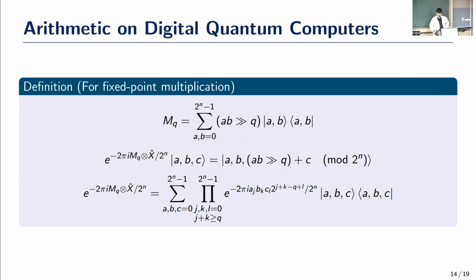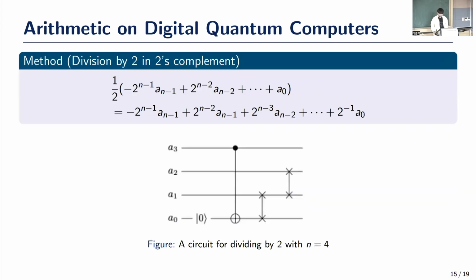And similarly to previous operators, the operator MQ can do multiplication with fixed point values. And dividing by 2 to the q can be done by dropping to the zero state and swapping. For example, this circuit implements dividing by 2 in 2's complement. A0 will drop out to the zero state, and A0 becomes the previous A1, A1 becomes the previous A2, and A2 becomes A3.